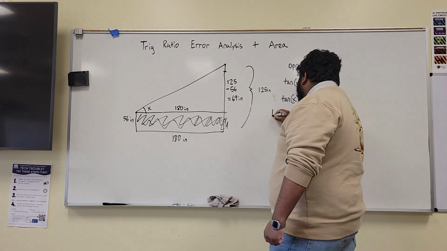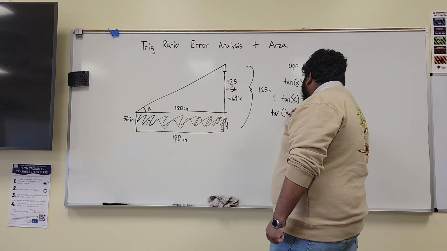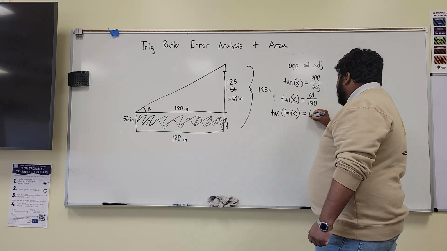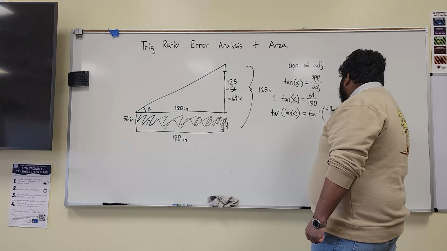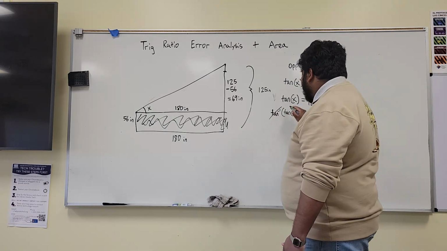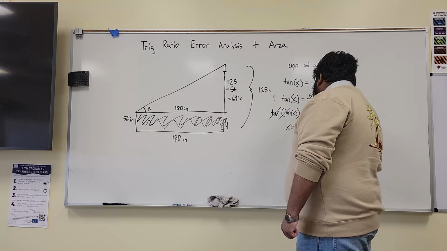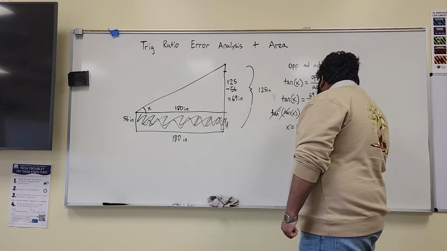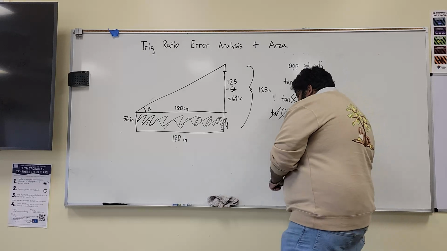So inverse tangent of tangent x is equal to inverse tangent of 69 over 180. The tangent's going to cancel out, and we get that x is equal to inverse tangent of 69 over 180.